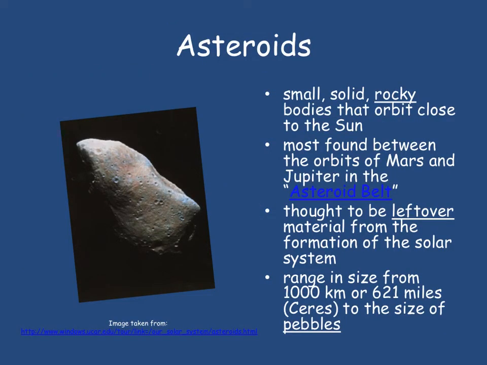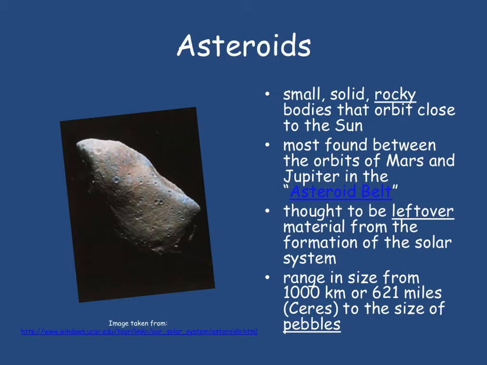Asteroids are small rocky bodies that orbit close to the sun. Most are found in the asteroid belt between Mars and Jupiter, and they're thought to be the leftovers, the extra minerals and rock originating from the creation of our solar system.